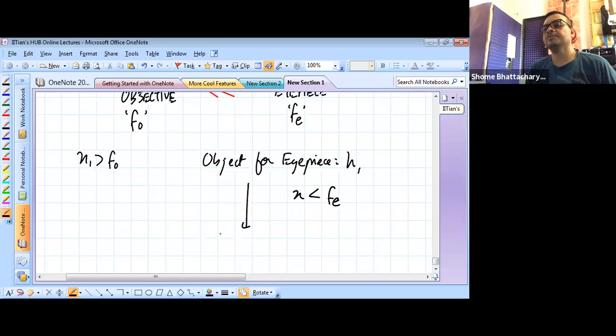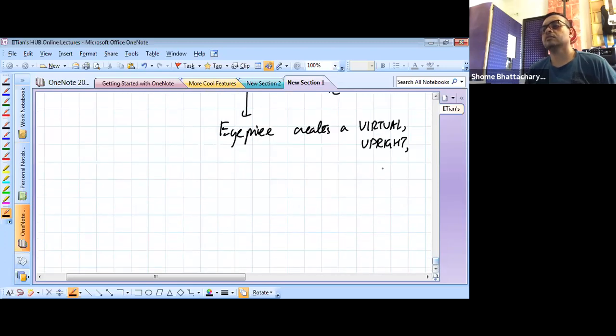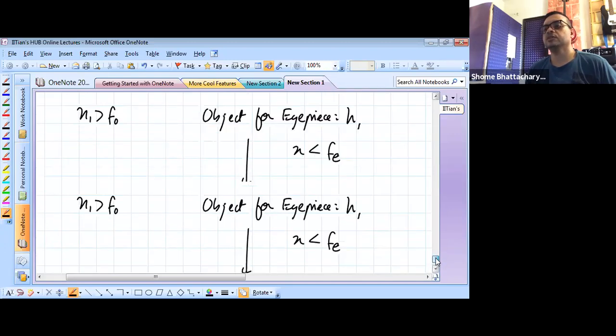So the eyepiece creates a virtual, upright and magnified image of h1, which I'm showing in the next diagram.